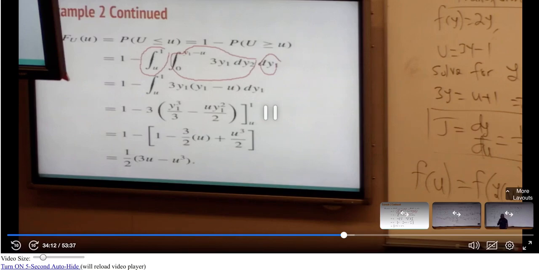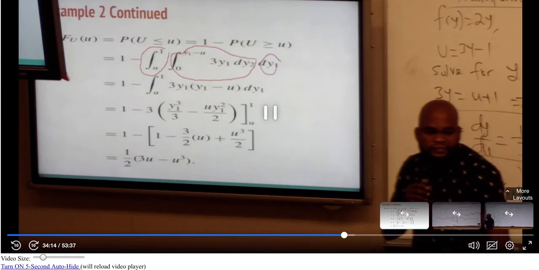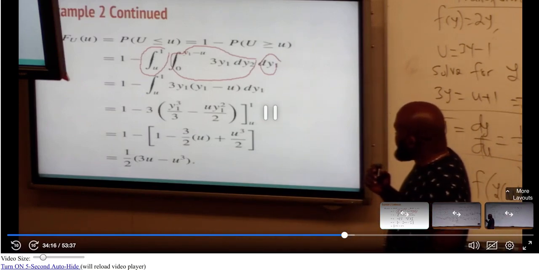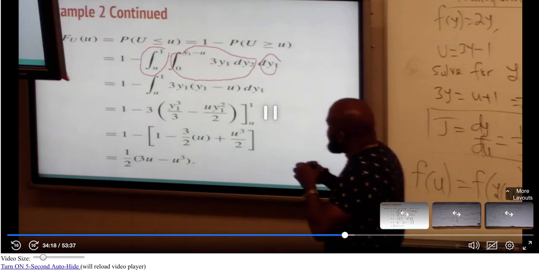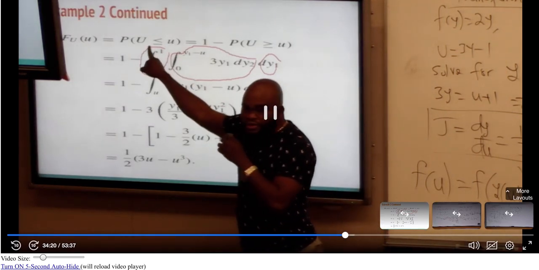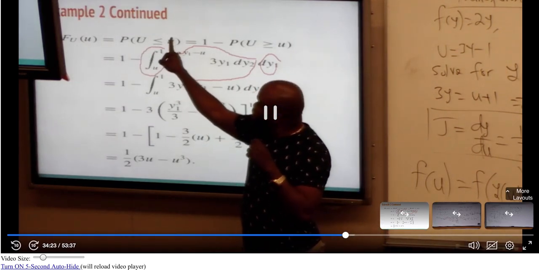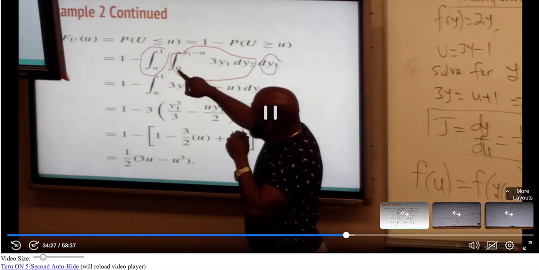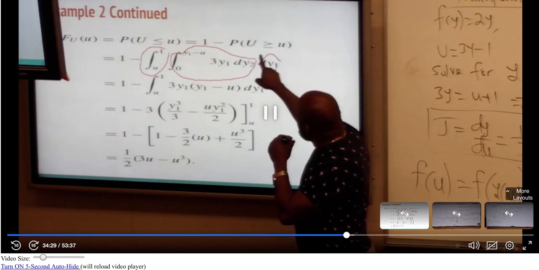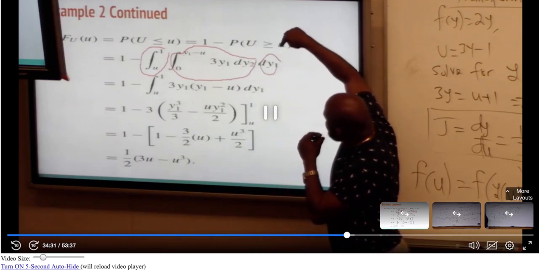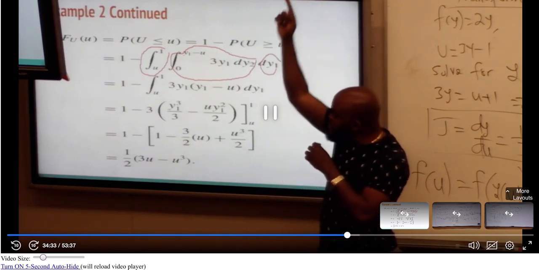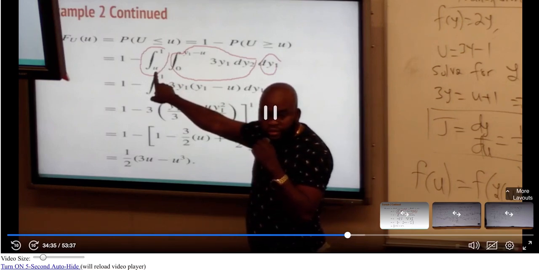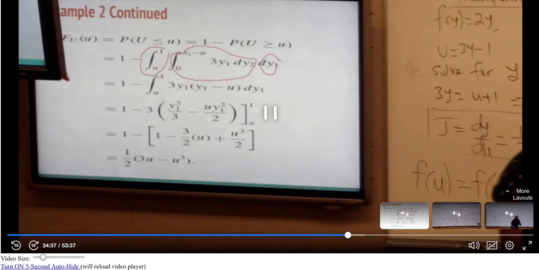Why don't we just use Y2 directly instead of using U? Because we're focusing on U. The random variable is U. So what does that mean? It's starting from U to something, right? U to what is the highest? 1.